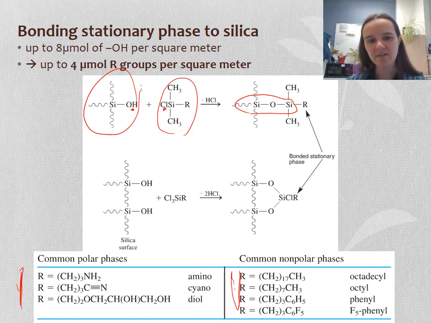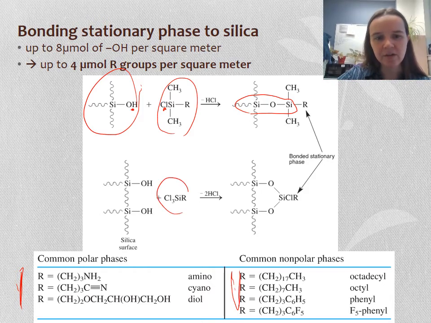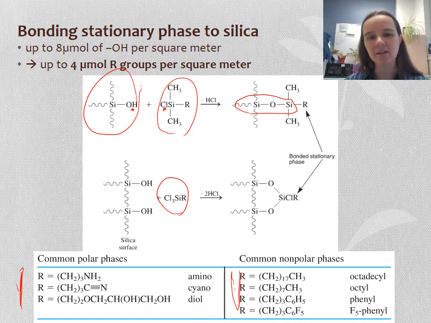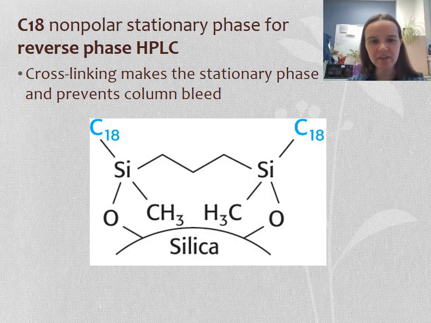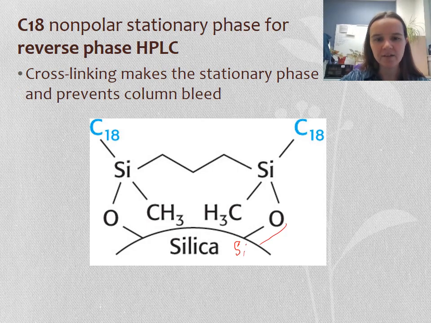The other thing is that you can have multiple chlorines. Multiple chlorines there let you double bond across a couple of O groups, and these are also more stable and will resist bleed more. So a C18 stationary phase has a silica bead with the silicon, oxygen, silicon to the carbon chain.